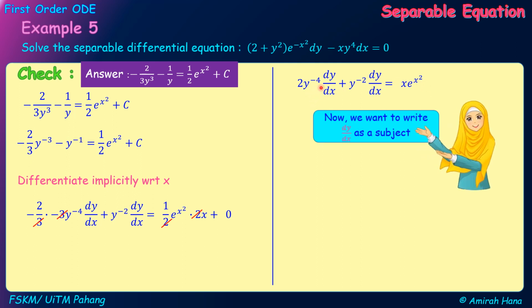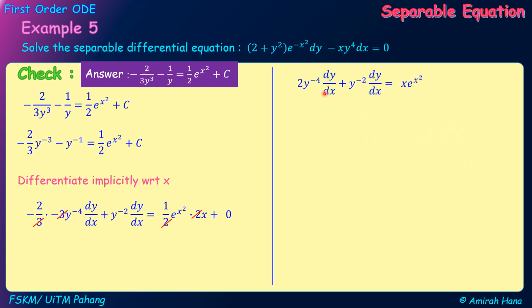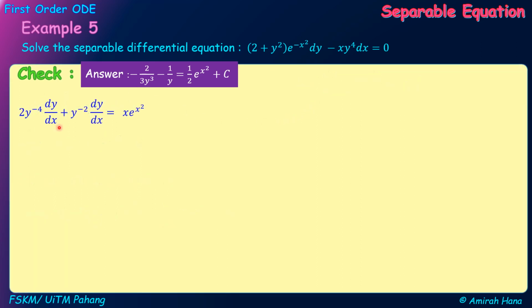Now, we want to write dy over dx as the subject because we have two terms containing dy over dx here. So we need to write a single dy over dx as the subject. From the previous slide, we get this.